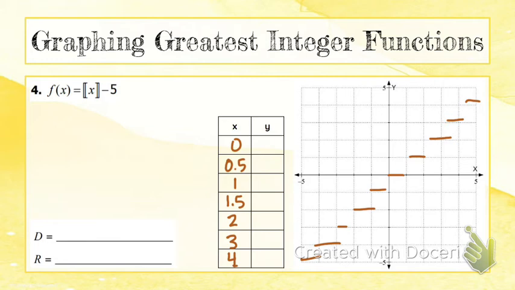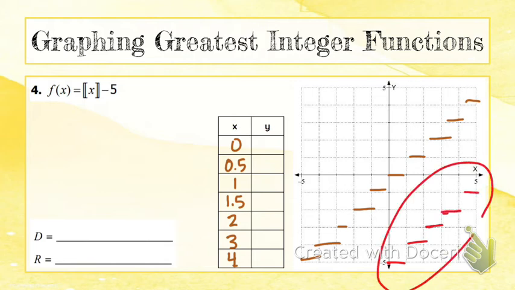So it's going to move all of these things down 5. So your function for number 4 is going to look something like this. This is not perfect. It's not correct. But it's going to be down here somewhere because it shifts everything down 5.